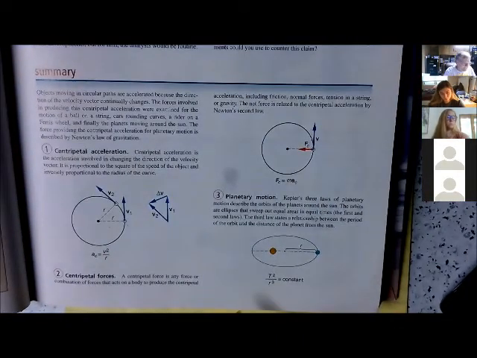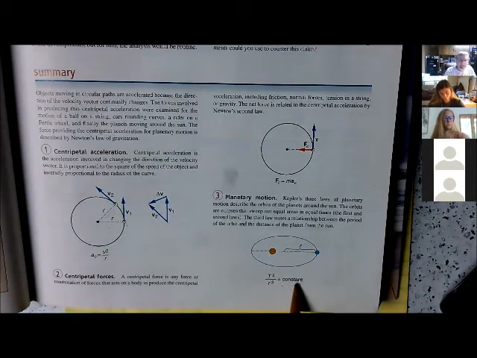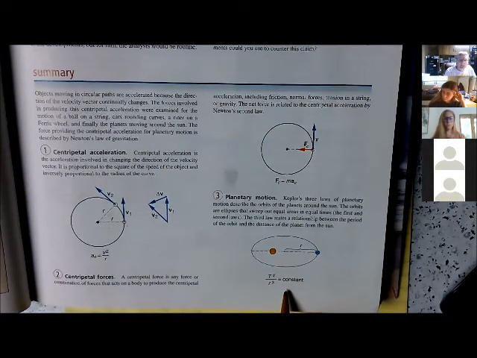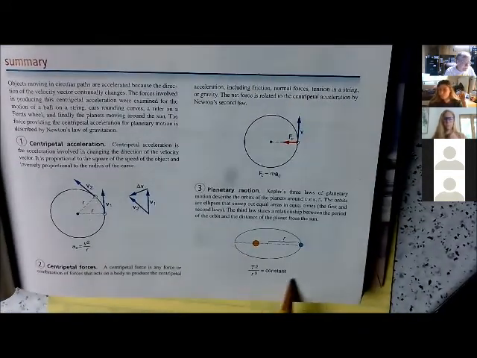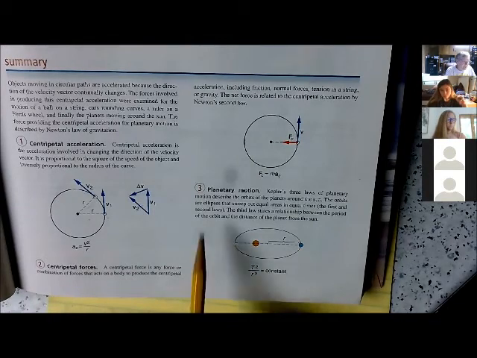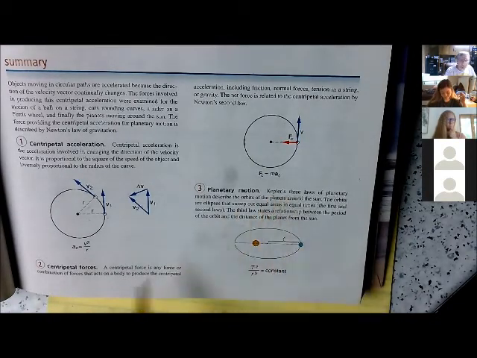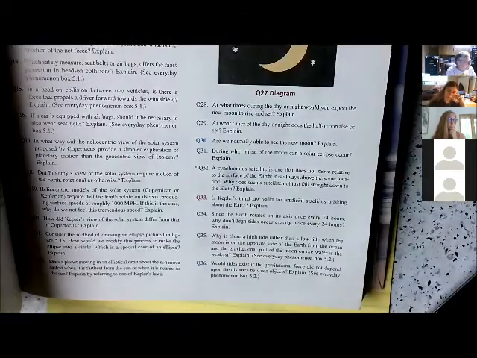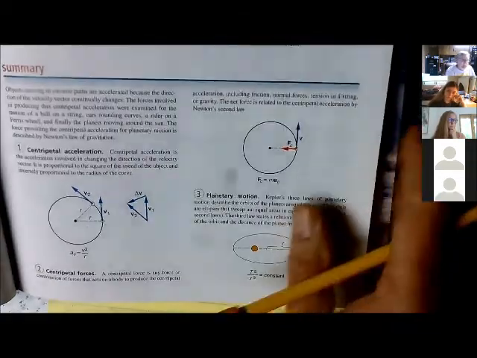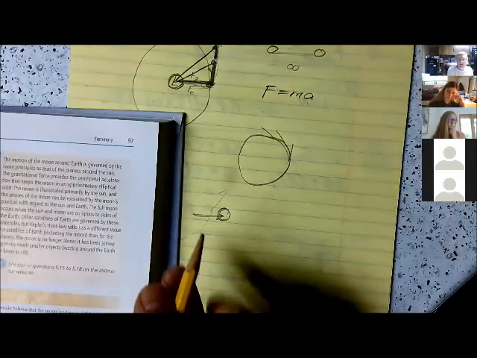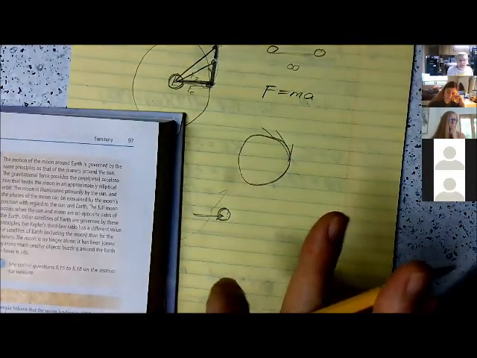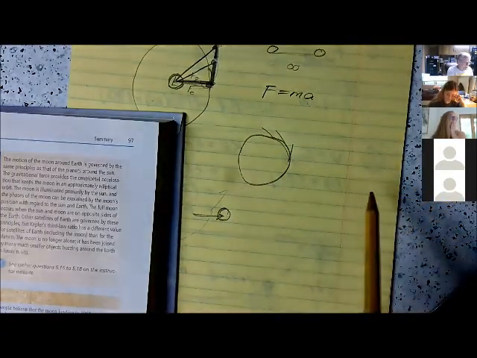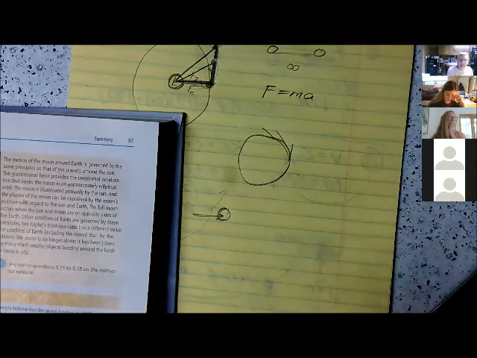The next formula in the chapter I said we didn't have to worry about. If we had a little more time, it'd be fun to get into Kepler's three laws, but we really left them out. I gave you a very brief overview. One was equal areas in equal times. Another was that the orbit is elliptical, not circular, with the sun at one focus.